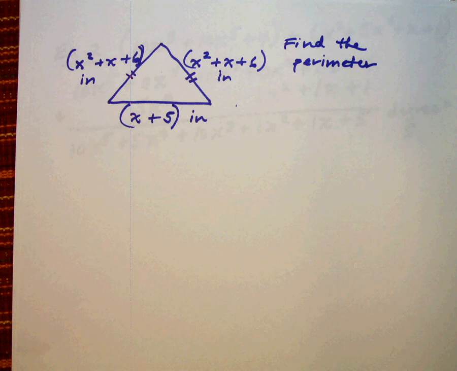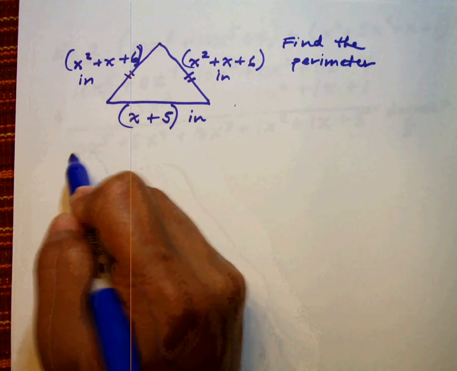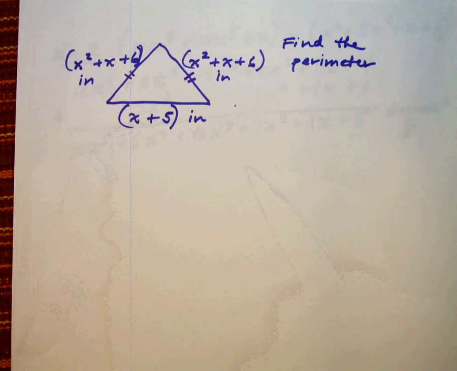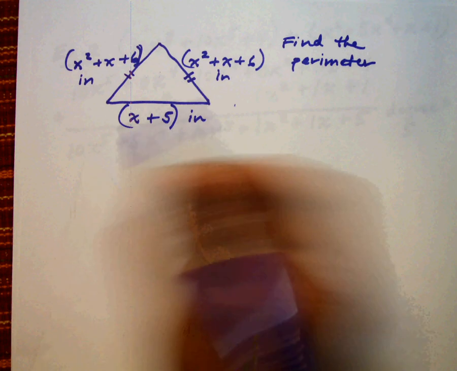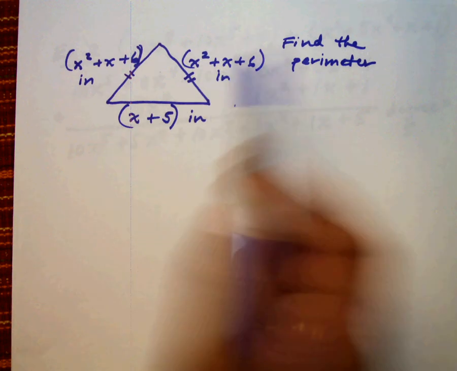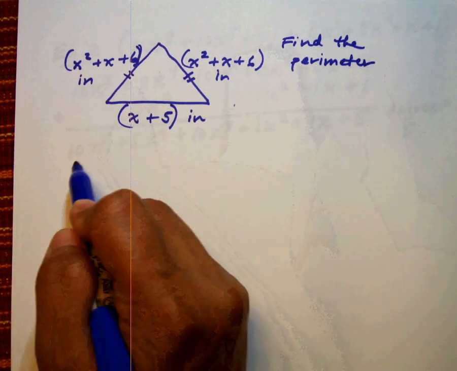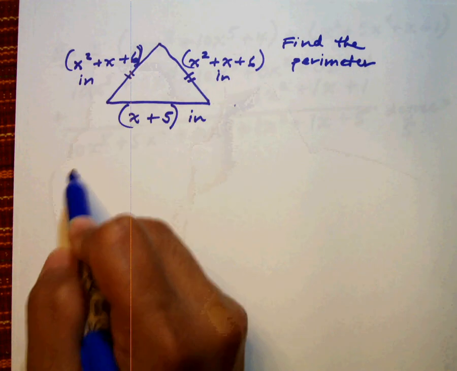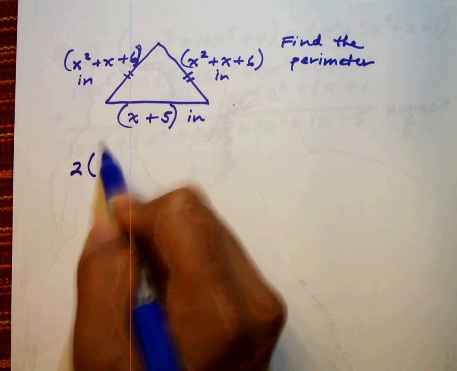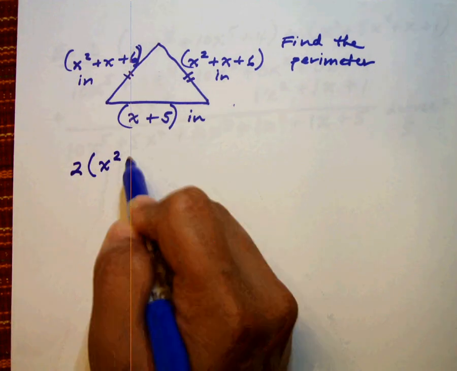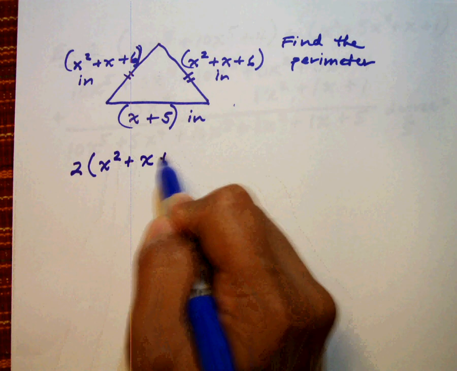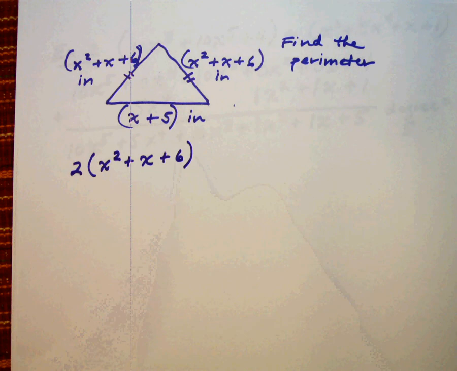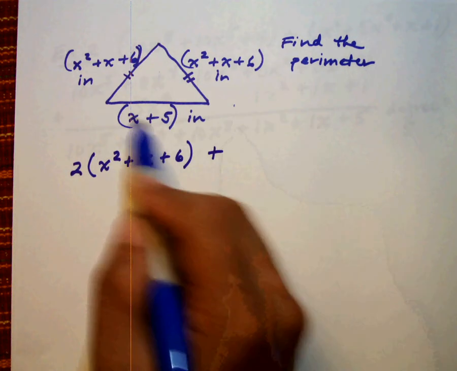Same as anything when you're adding polynomials, you line up the like terms. There are different ways you can do this. Since I have 2 of these, I can multiply by 2. So 2 times (x squared plus x plus 6), plus (x plus 5).